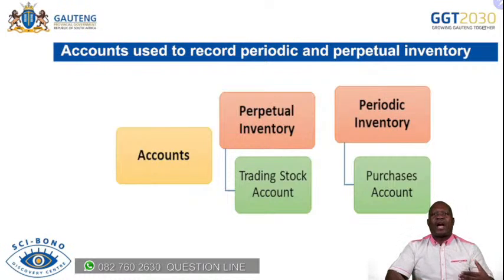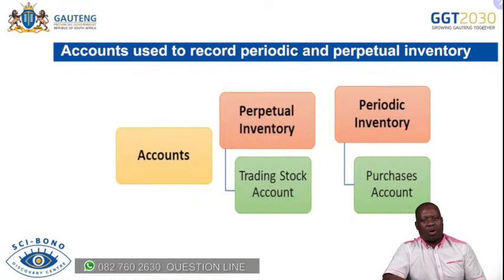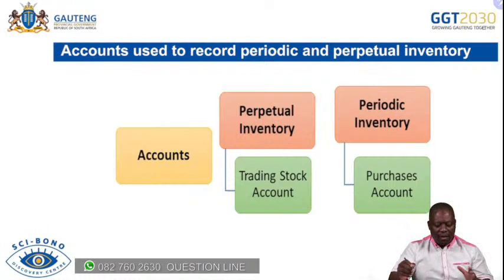We then use this purchases account in the calculation of our cost of sales at the end of the period. Very important: when it comes to periodic, purchases account. When it comes to perpetual, trading stock account.